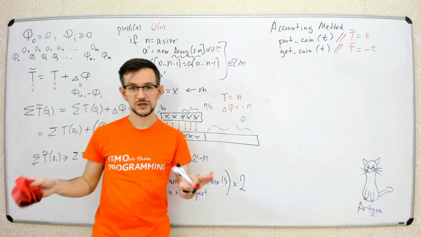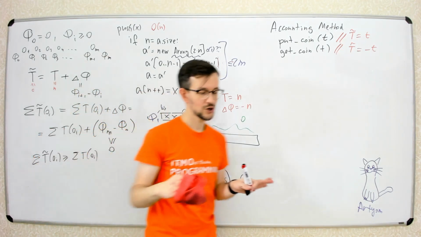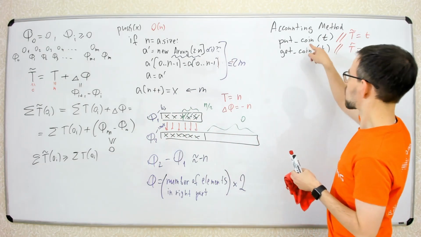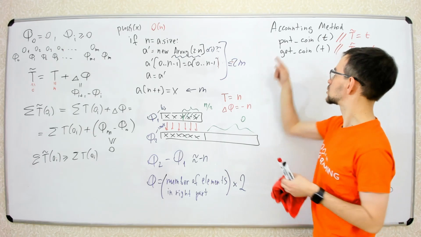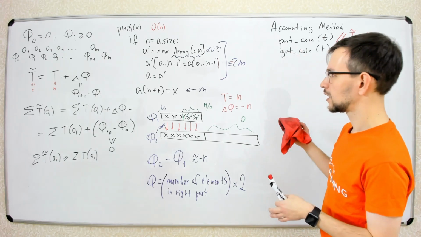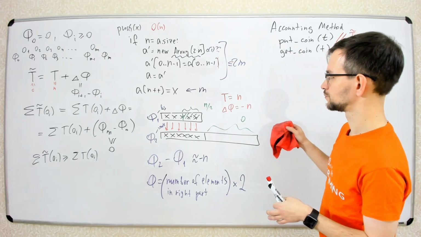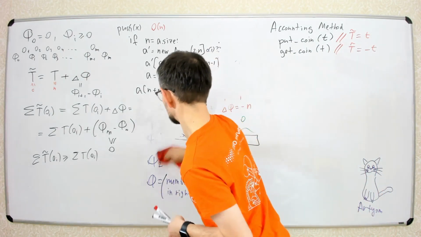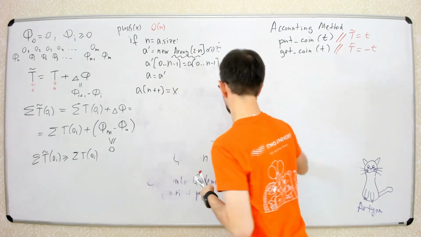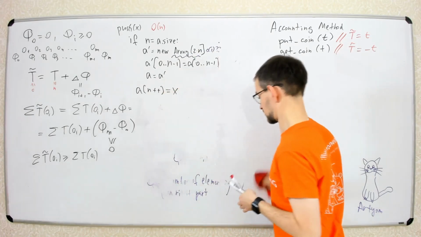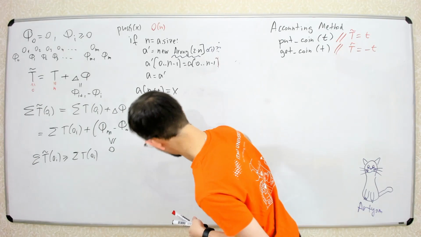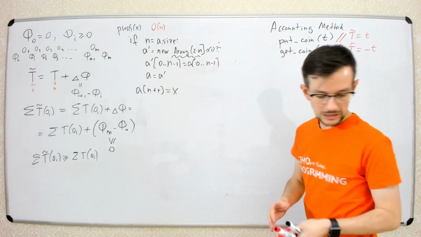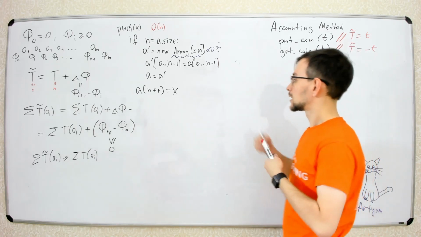And again, this method is very visual. So I'll just draw a picture, and I'll draw a coin of size T for any operation put coin. Let's go back here. Let's move everything here. I'll just draw the same picture again, actually. How does it work?